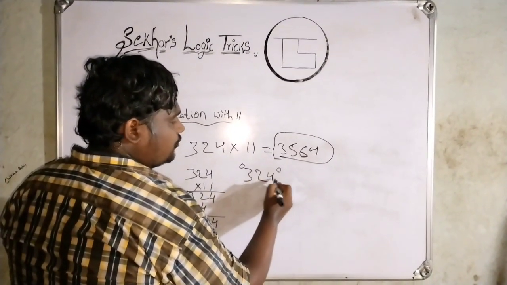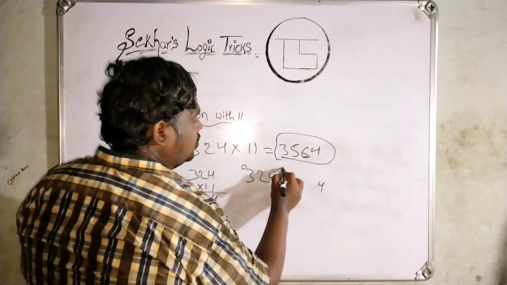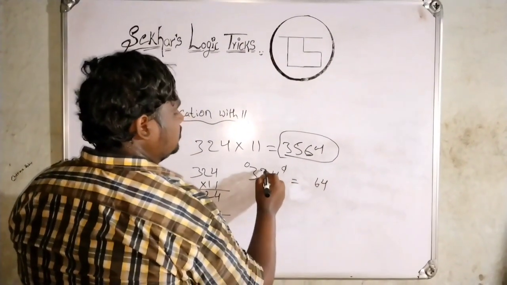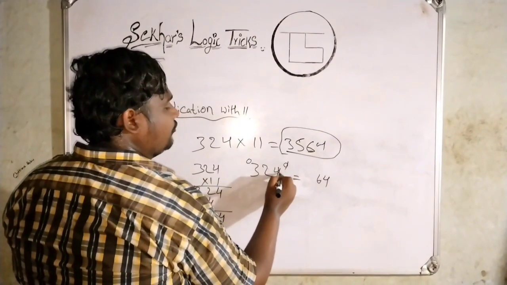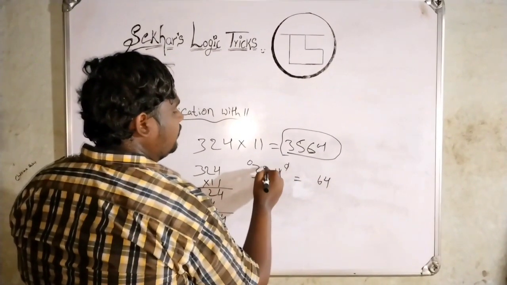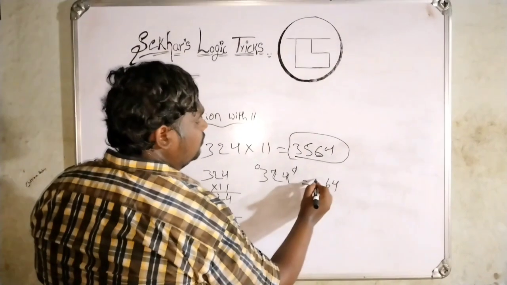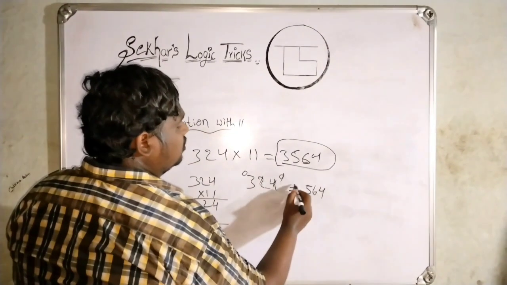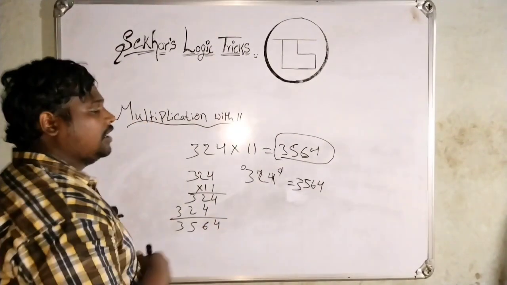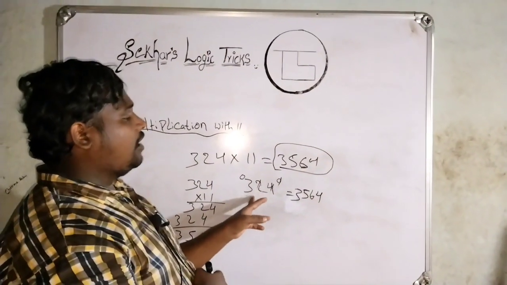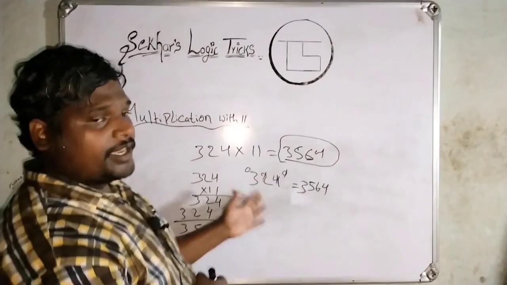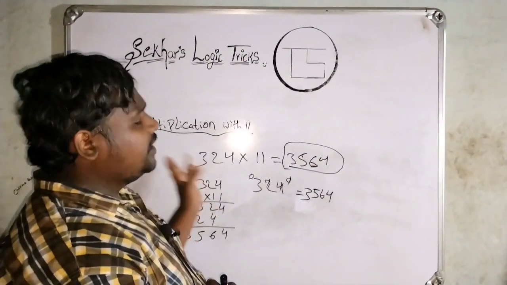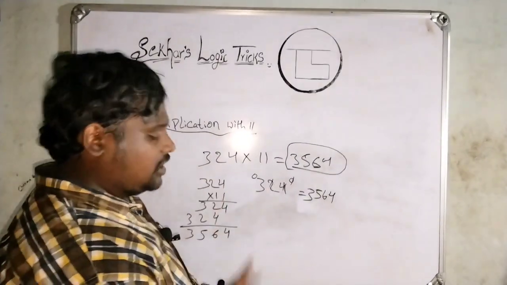See, 0 plus 4 is 4, cut 0. 4 plus 2 is 6, cut 4. 2 plus 3 is 5, cut 2. 3 plus 0 is 3. It is the answer. Like this, we have one interesting trick for any 3-digit number multiplication with 11.